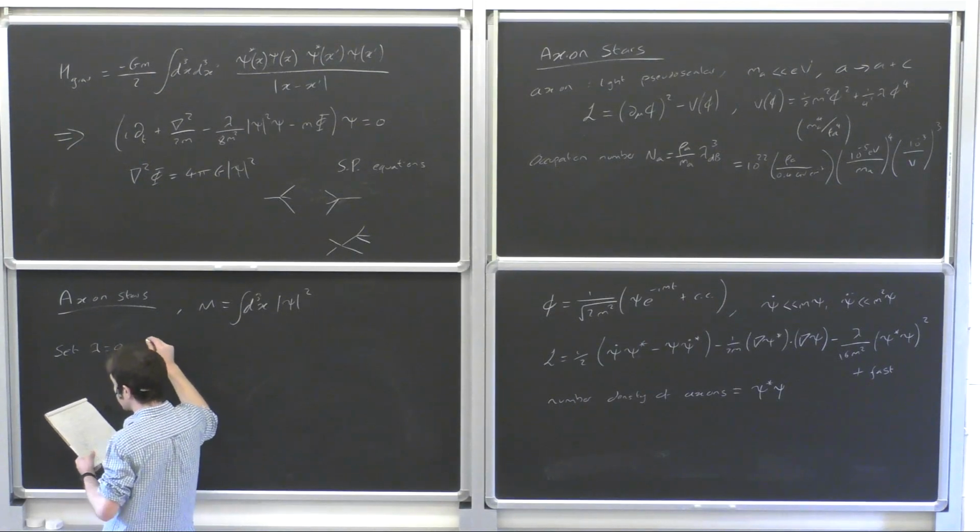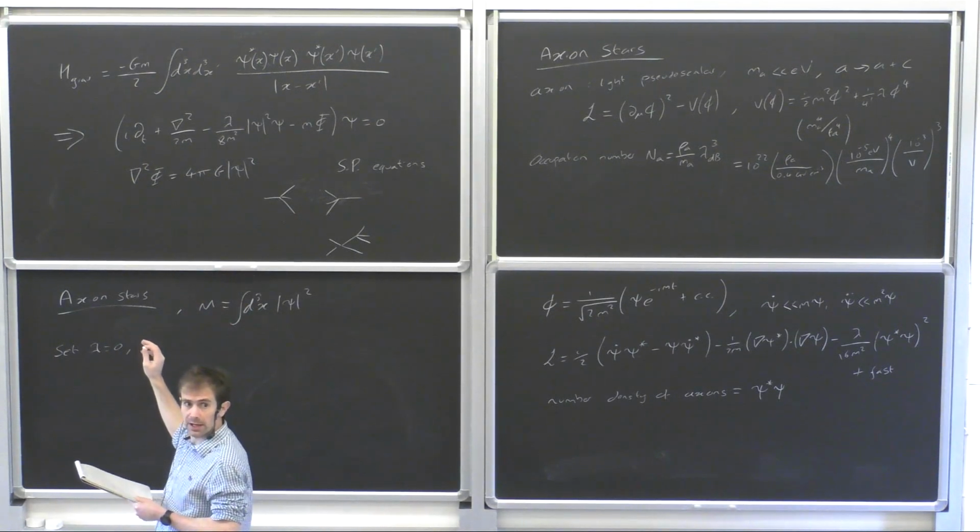Then the first important thing to note is that the Schrödinger-Poisson equations have a scaling symmetry.